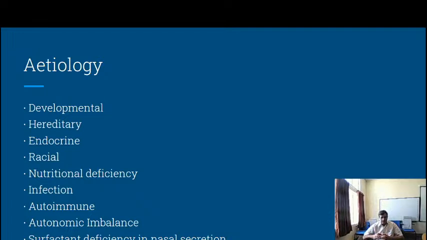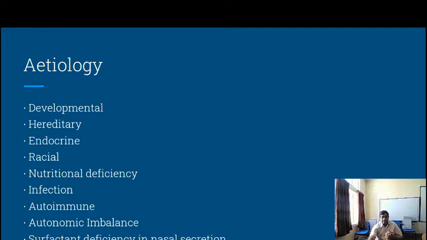The parasympathetic is secretomotor, whereas the sympathetic is the one which reduces secretion. So there is an imbalance between these two, and so the secretions are decreased.